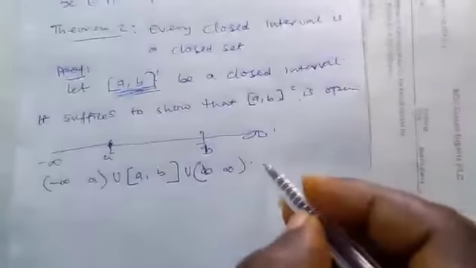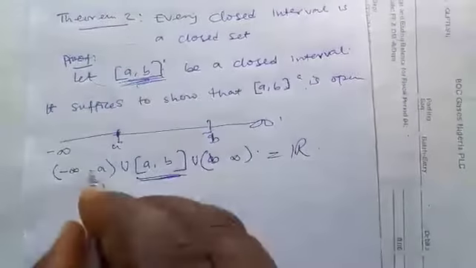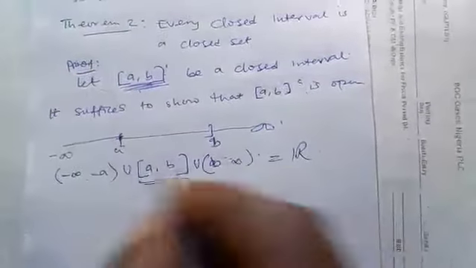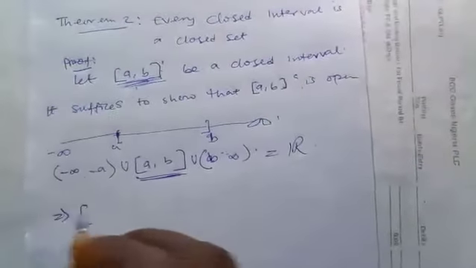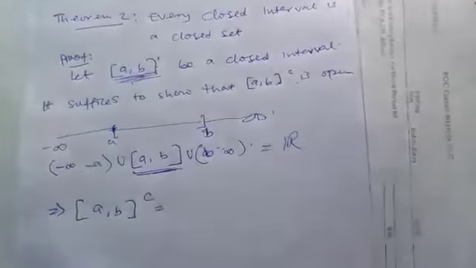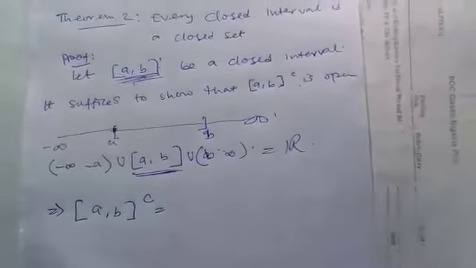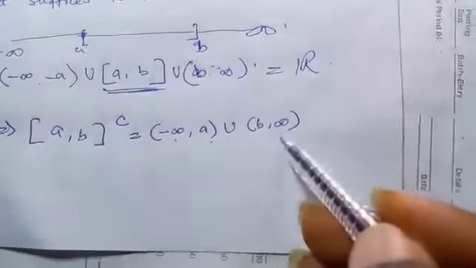So all of them are real numbers. So the complement of this closed interval will be the union of these two: the complement of [A, B] is equal to this interval union this interval.